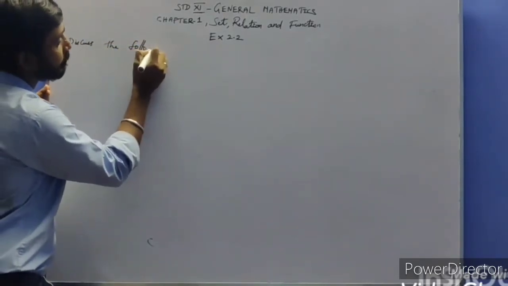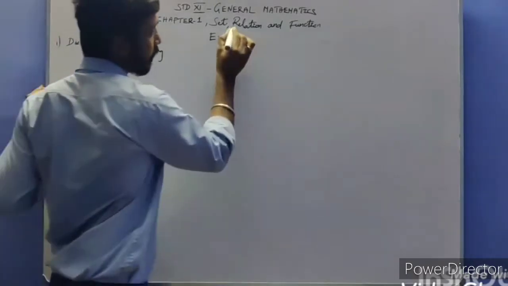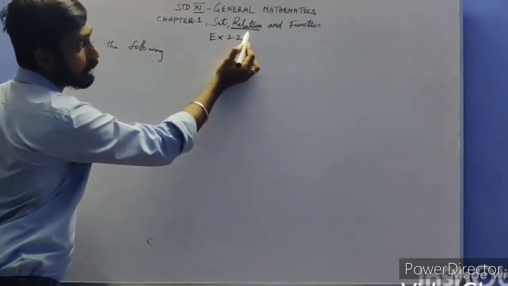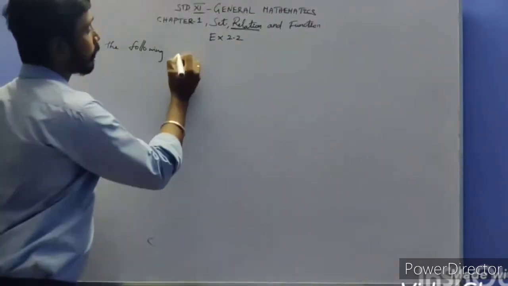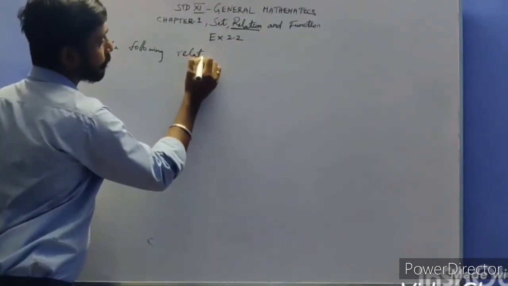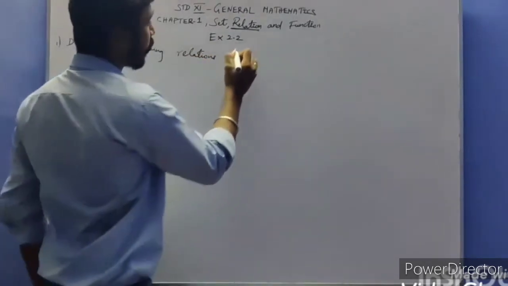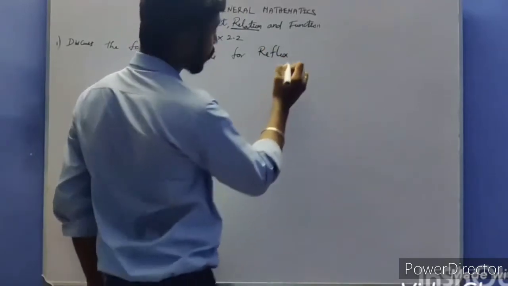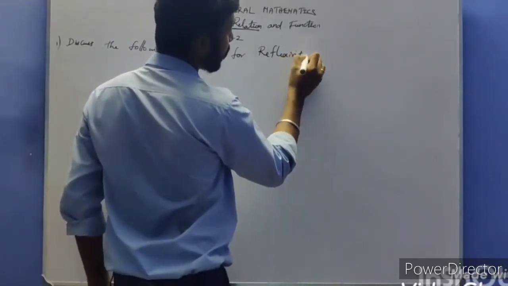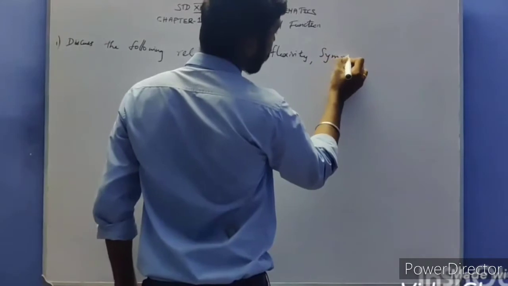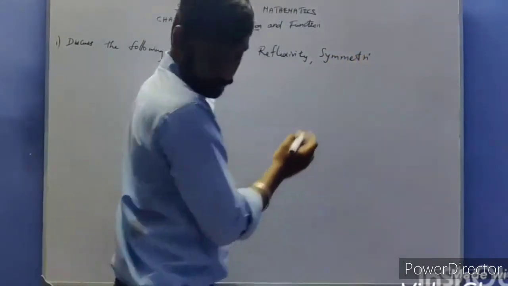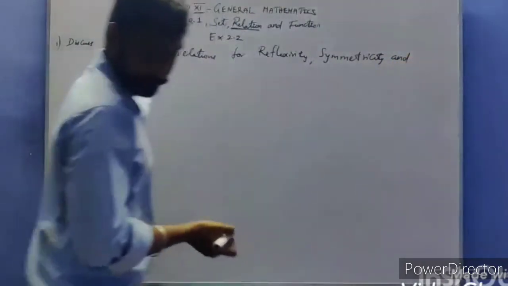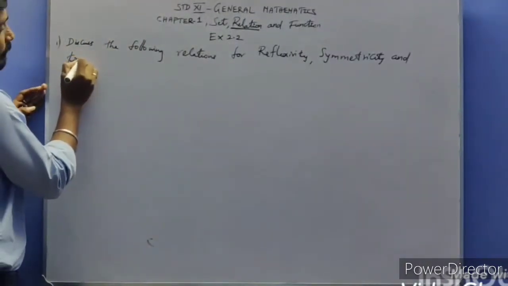It is a relation type. Last class we did sets. Now we are going to see relation type sums. Discuss the following relations for reflexivity, symmetricity and transitivity.